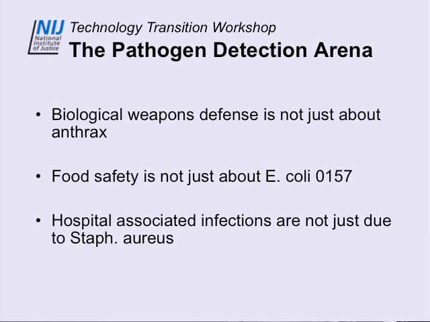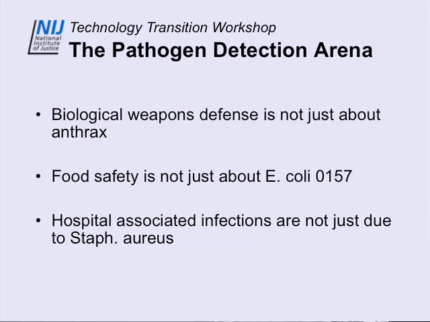If you think about it at a high level, biological weapons defense is not just about anthrax. It's probably on the top of everybody's list, but it's not the only thing on the list. There's a lot of other things on the list. And in different sectors, the same thing holds. If you're interested in food safety, you probably have O157 on your list of pathogens to look for, but you've got a long list of things, and it may be dependent on what sort of foods you're interested in or what geography you're studying.